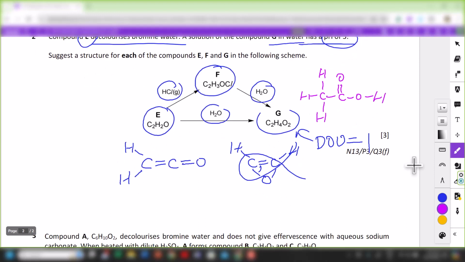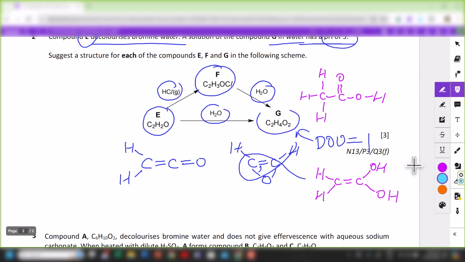Because if you try to add across the C=O double bond, you're going to end up with something like this: OH here, and then, wait, let me just try C=O double bond, and then another OH. Okay, something like this. And for those of us who know a little bit more about organic chemistry, an sp2 hybridized carbon should not be bonded to more than 1 OH, so you notice that this portion is not stable.